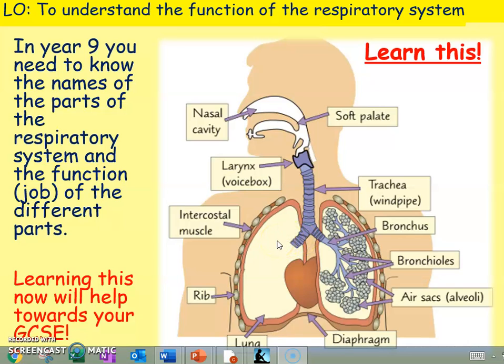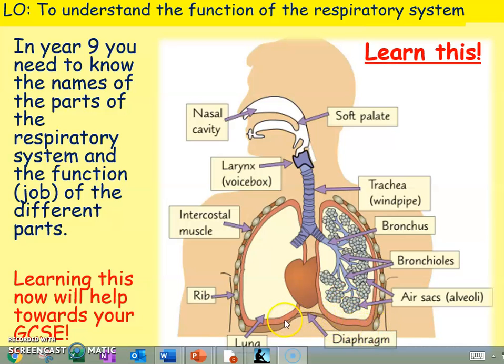So we then go into the lungs, and you can see that these branches branch further and further. The smaller of these branches are known as the bronchioles. We finally then get to these tiny little air sacs called alveoli, and they're really important because that's where most of the gas exchange occurs.